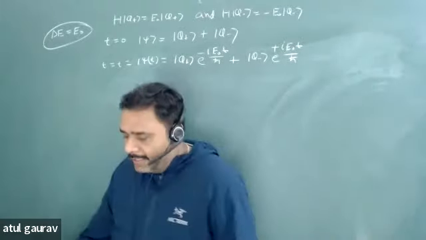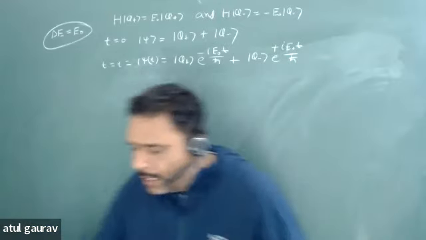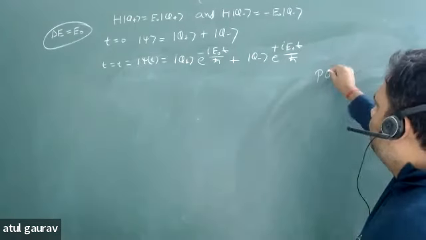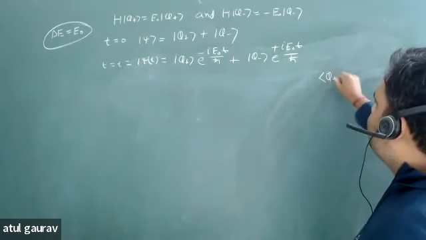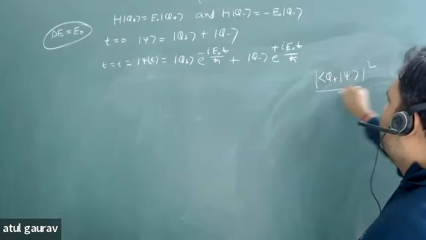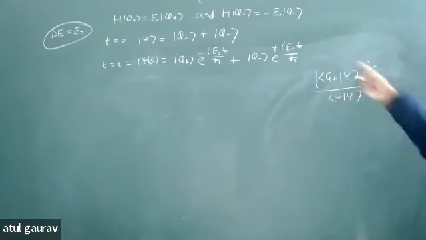What will be the probability that psi t will be in a state of psi 0? Now, what is the meaning of that? If I am writing this, mod of psi square, what is the meaning of that?